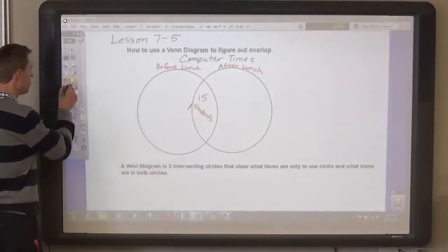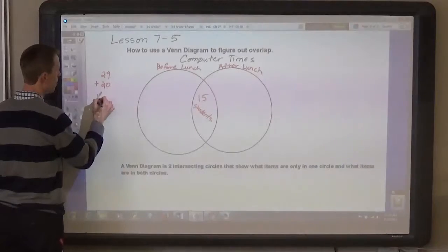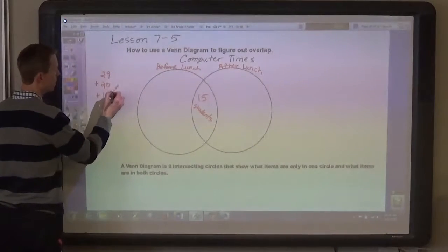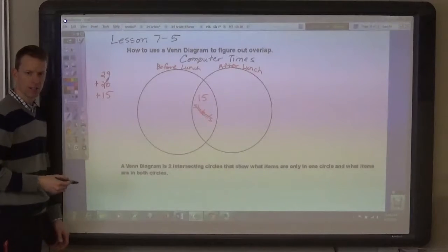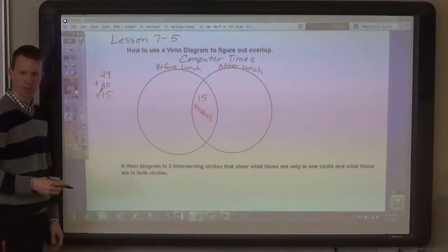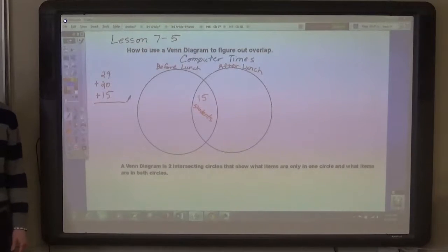Well, without thinking, you may just write 29 plus 20 plus 15. Some want it before, some want it after, and some want it both, right? But that's what the words say.